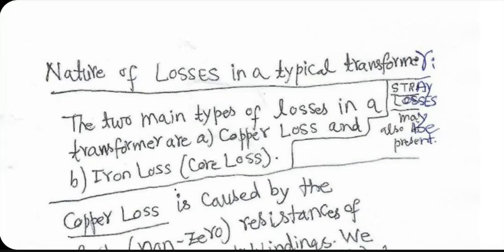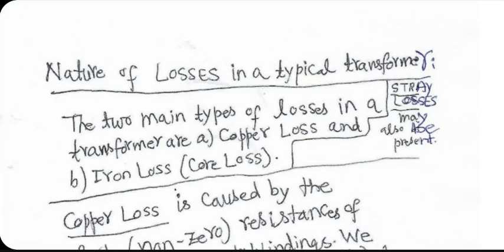Stray losses is another word you will like to keep in mind. This means things that you normally don't expect, but they are still happening. Funny things can happen. It may not be so serious for transformers, but for rotating machines, which we are going to talk about after the midterm exam, stray losses are a lot more seen compared to the case of transformers. But stray losses means things that are not expected normally.